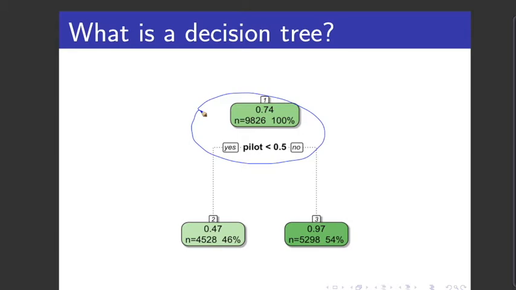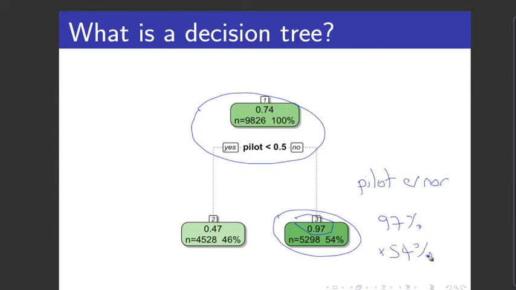Let's see how that would work in this particular case. What would your accuracy be based on this training data? Well, for the cases that end up down here in this leaf, you're going to predict for all of them that it is pilot error. And for 97% of them, it will be pilot error. So your accuracy is 97% on 54% of the data.